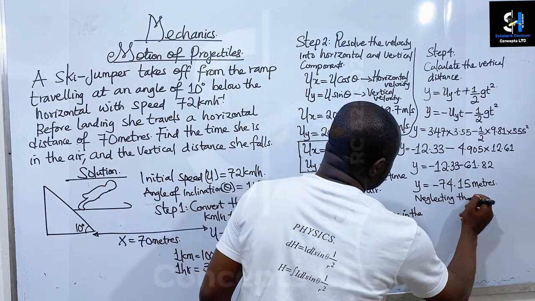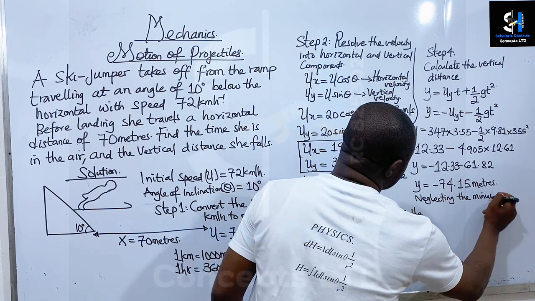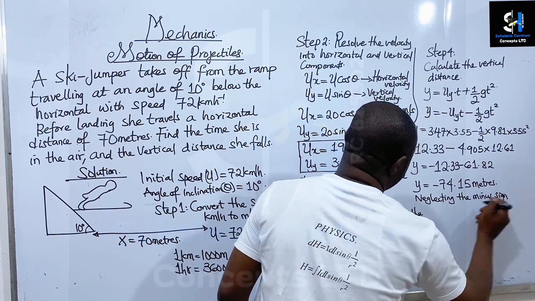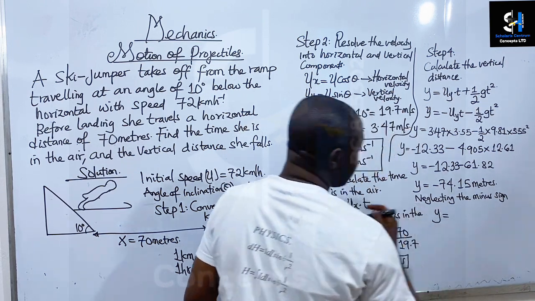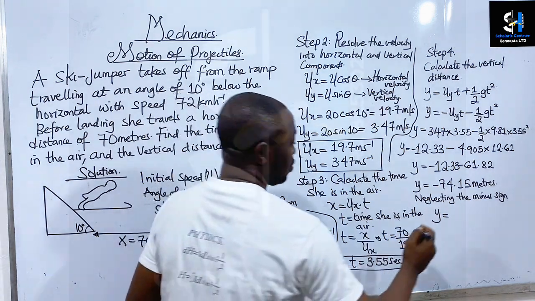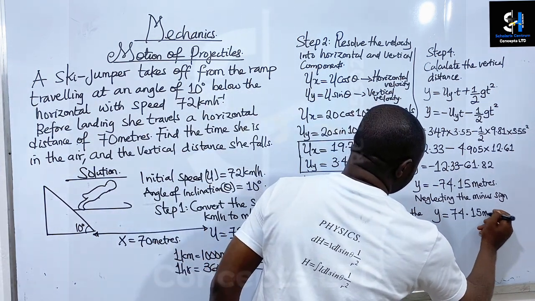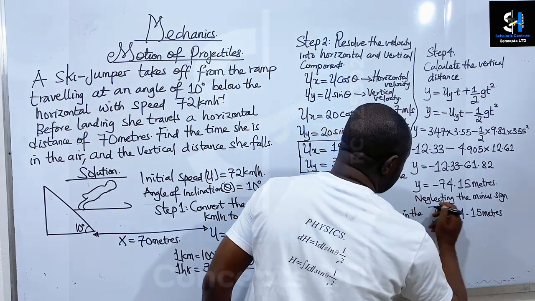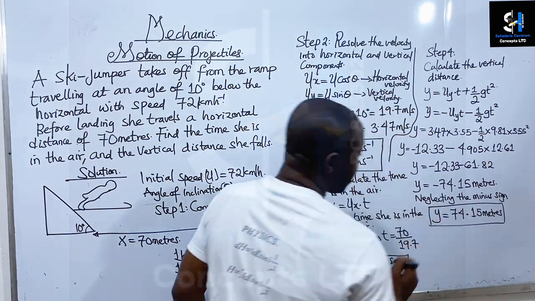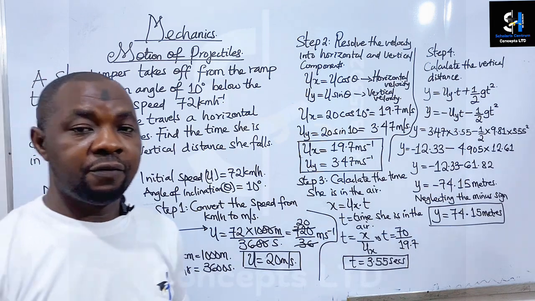Neglecting the minus sign, y, which is the vertical distance she falls, will now be 74.15 meters. This is the vertical distance the ski jumper falls.